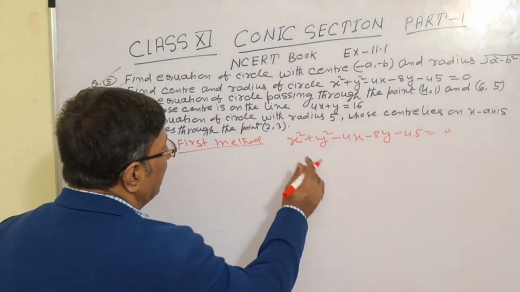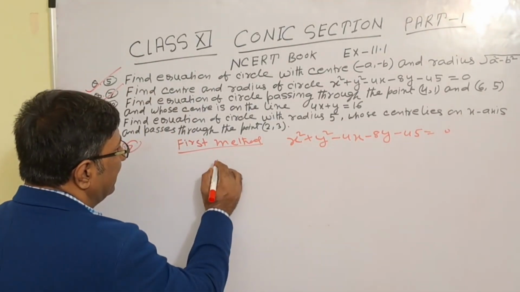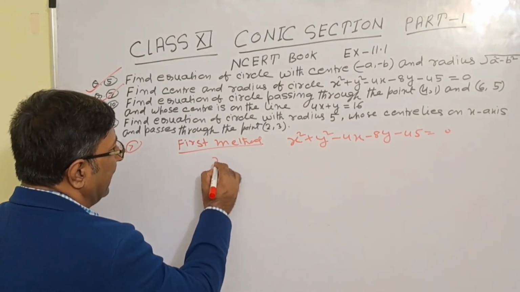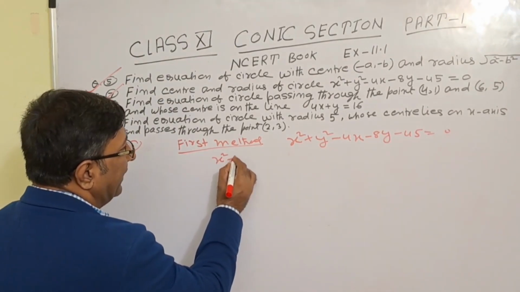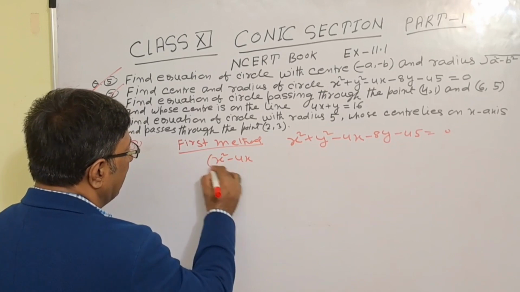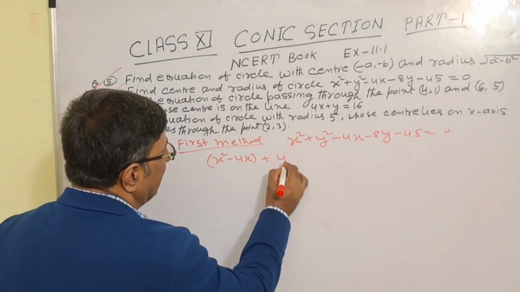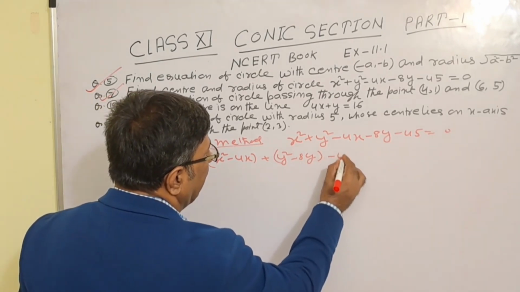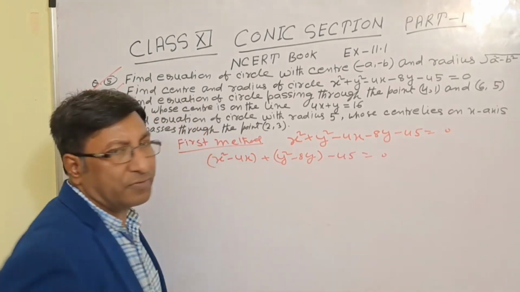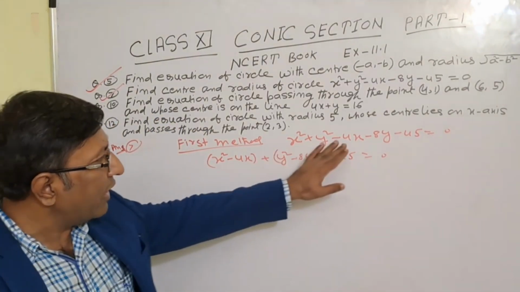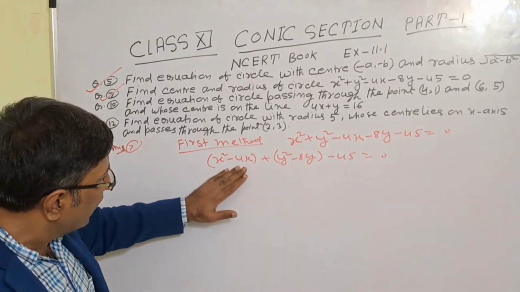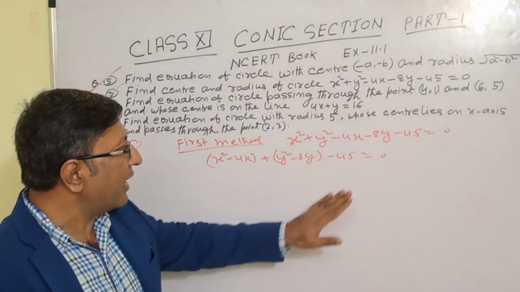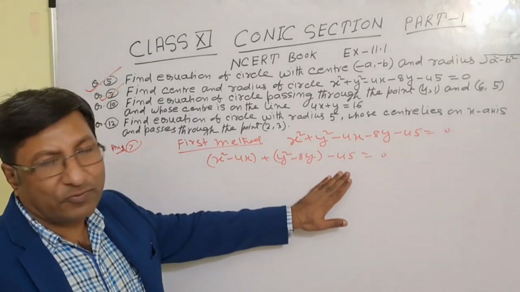That means x terms take one side. So this is x square minus 4x plus y square minus 8y and minus 45 equal to 0. So this is x square and minus 4x together and y square minus 8y together and minus 45.